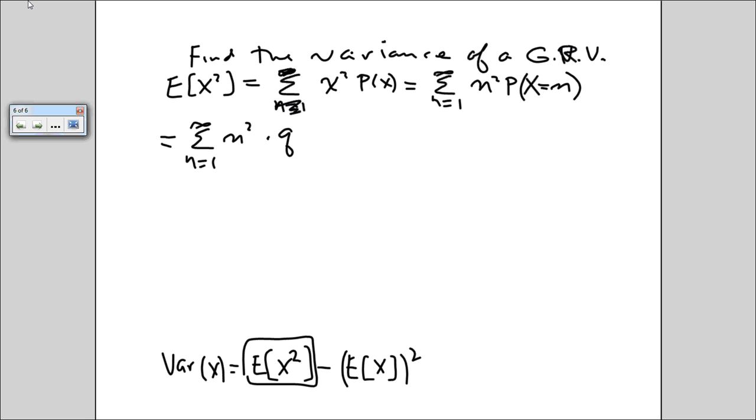You have n minus 1 failures, q is the probability of failure, and you have 1 success. And like before, the only factor that doesn't involve an n is p. So p comes in front: the summation as n goes from 1 to infinity of n squared q to the n minus 1.